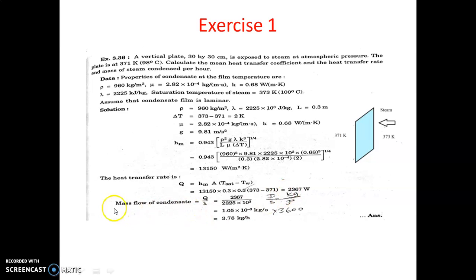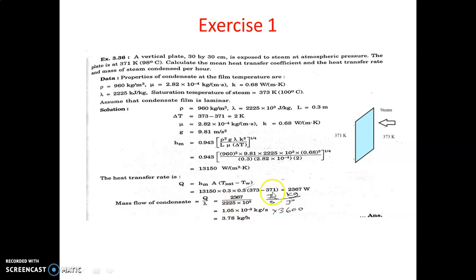Then from this we have to calculate the mass flow rate of the condensate, which is equal to Q by lambda. Q we have already calculated here, and the value of lambda is given here, but this value is in kilojoules per kg. So we have to convert it into joules per kg, multiplying by 10 to the power 3. So here we obtain the answer in kg per second.